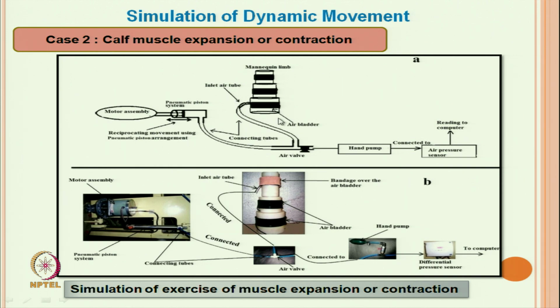We can see here the calf muscle expansion or contraction system. Suppose this is a muscle. Now, here the piston is there, cylinder and piston, the movement of this piston will lead to a change in calf muscle expansion or contraction. That is how we get the change in hardness, and that is measured by this air pressure sensor.